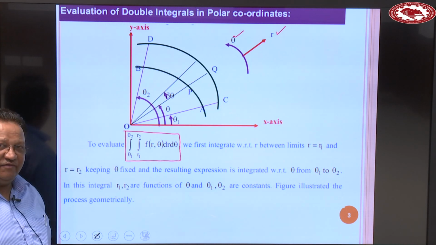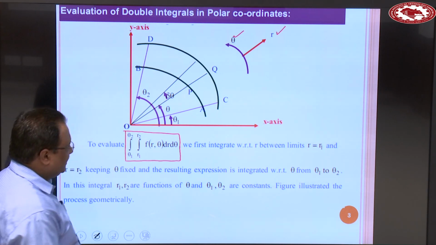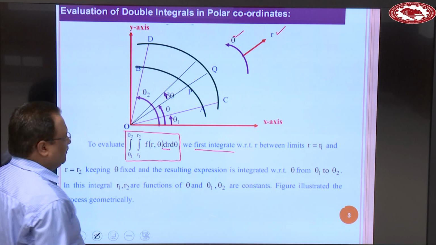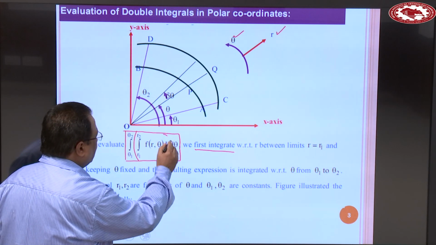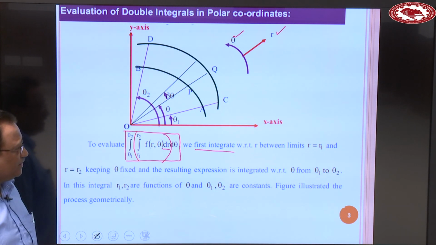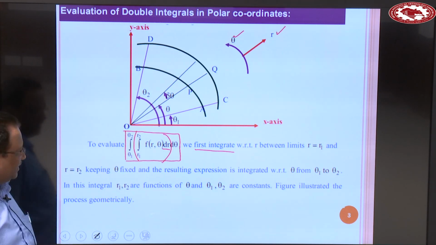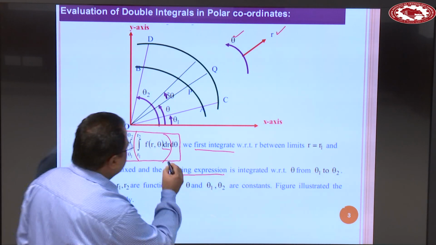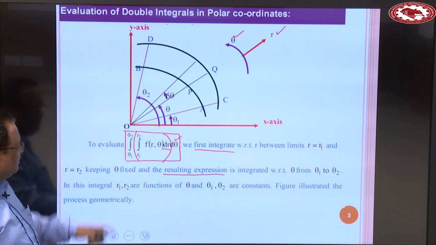When we evaluate this type of polar double integral, we first integrate with respect to r, from r1 to r2, keeping theta fixed, and the resulting expression is integrated with respect to theta from theta 1 to theta 2.